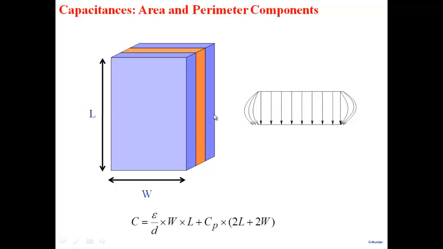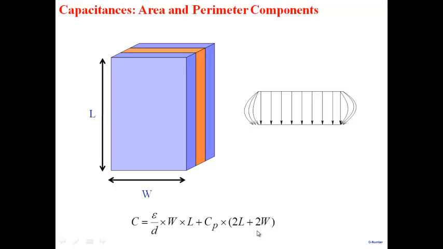We call this capacitance per unit length, because it's not area dependent; it's only at the edge. Let's say we characterize it by P, referring to the perimeter. This is the area component and this is the perimeter component, and this will get multiplied by the perimeter because the fringe effects will be there all along the perimeter. So note that the capacitance has two parts: one is the area of the plate, and the other depends on the perimeter.